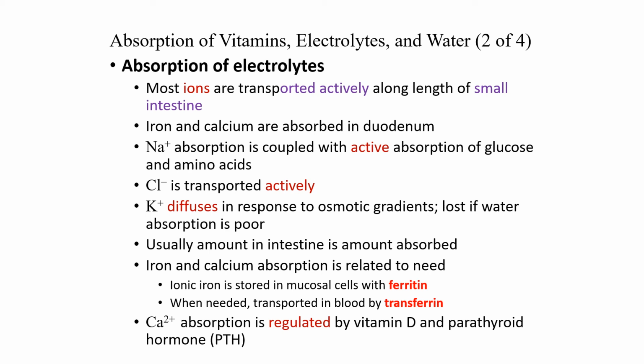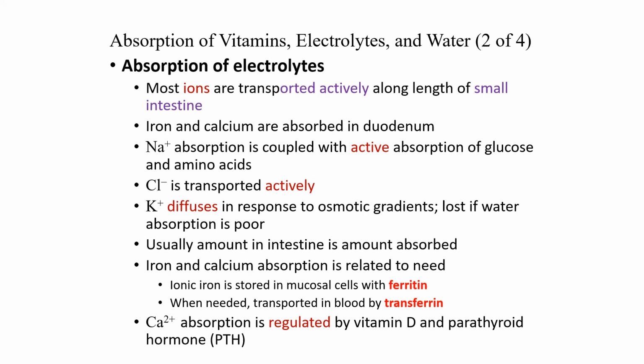And then when iron is needed, it is going to be attached to transferrin, and transferrin will dump it into the blood, take it to the liver via the hepatic portal system, and then the liver will process it so that it can go to the bone marrow where your blood cells are made. Pretty cool.